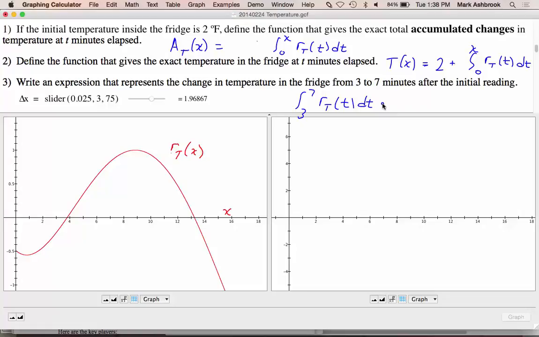By the time it got to 3 minutes, starting at 3 minutes, we want the changes, regardless of what the starting temperature at 3 minutes is. So regardless of what the starting temperature at 0 minutes is. Doesn't matter. This accumulates changes from 3 minutes to 7 minutes, okay?